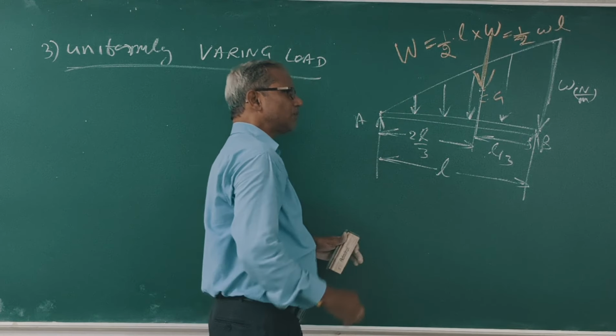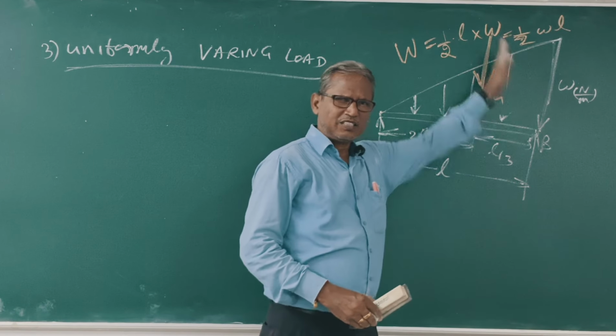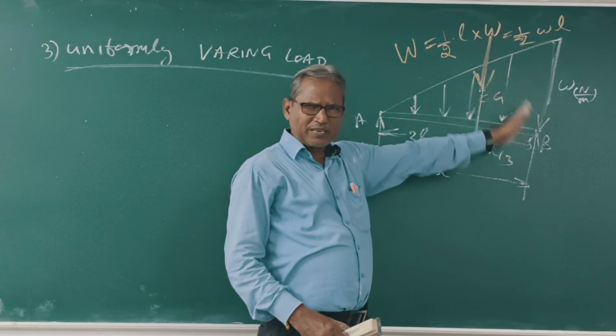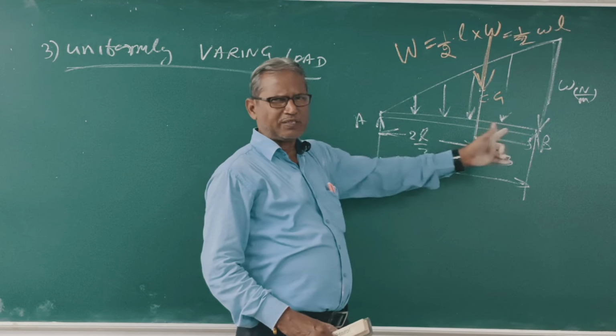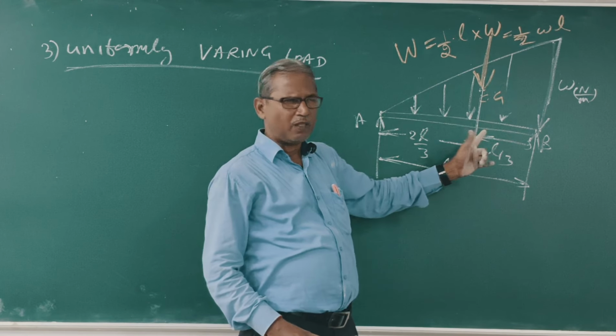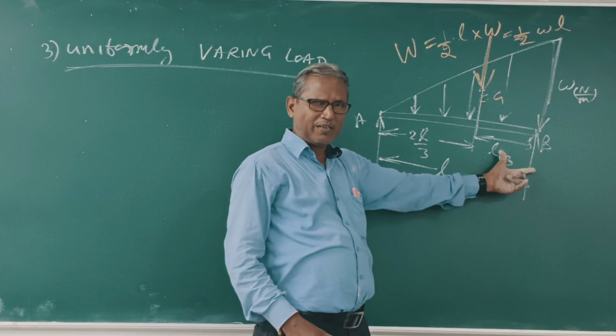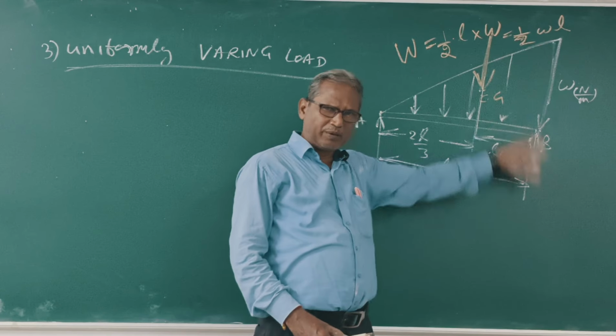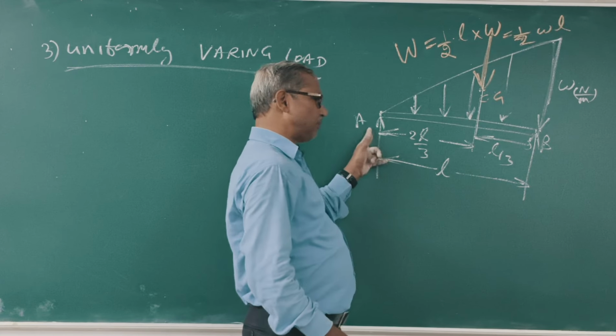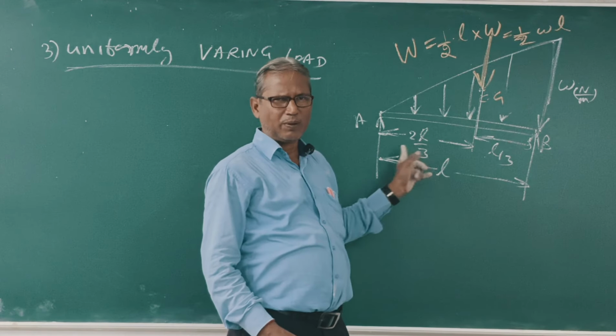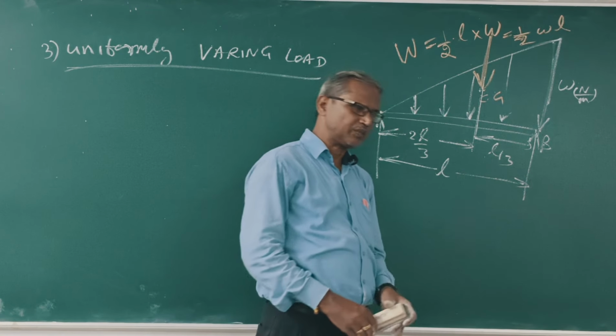In this triangle, the load represents the base. The length represents height. So the CG point is L by 3 or H by 3 from the base, 2H by 3 from the apex, or 2L by 3 from the vertex. Clear?